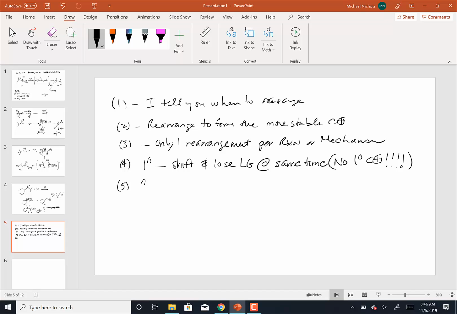Rule number 5, for secondary or the occasional tertiary system, you're going to lose leaving group to form carbocation, then shift.